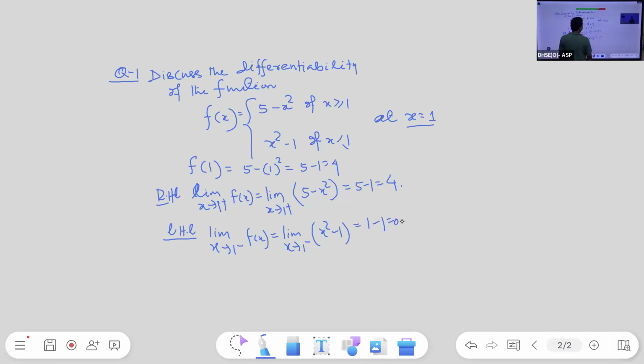Here you find that the left hand limit is not equal to the right hand limit. Hence the limit of the function doesn't exist and the function is discontinuous.